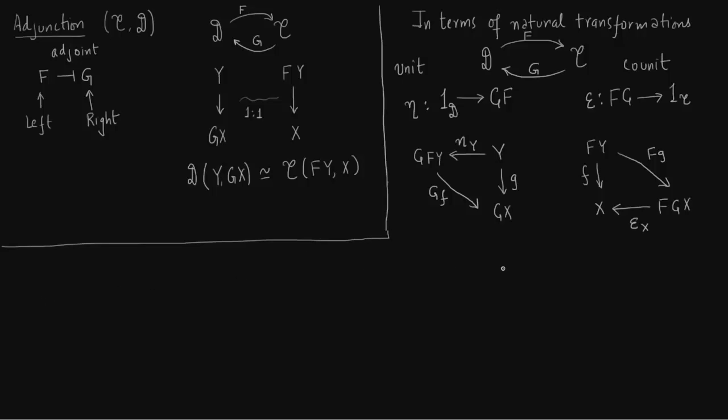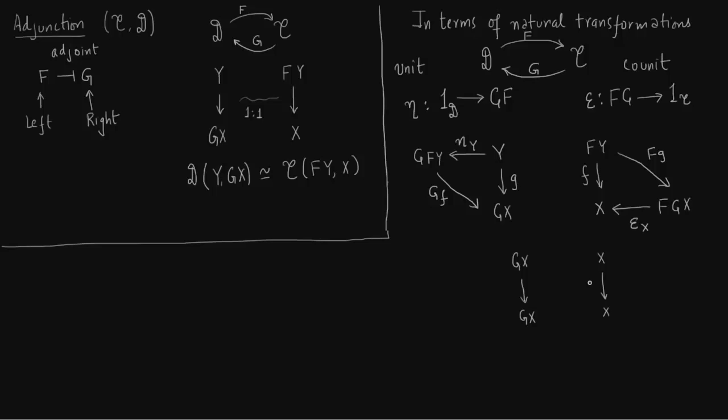Now these are also written in another form, which is more common, and it is used a lot in category theory proofs. So for that, you fix an object X in the category C, and you fix this identity map from X to X. Now you apply functor G to it. You get a Gx to Gx arrow.